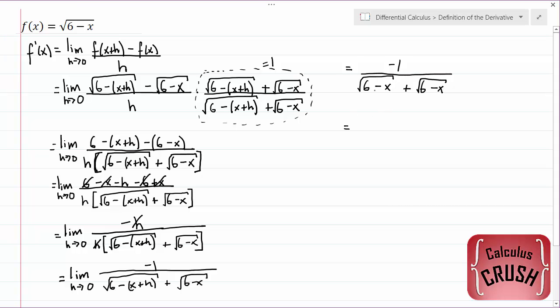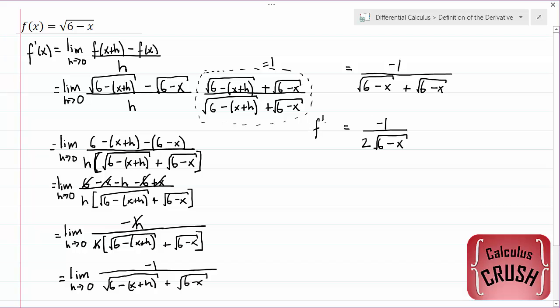And the final step, these two are the same, so there's just two of them. Minus 1 divided by 2 times the square root of 6 minus x.